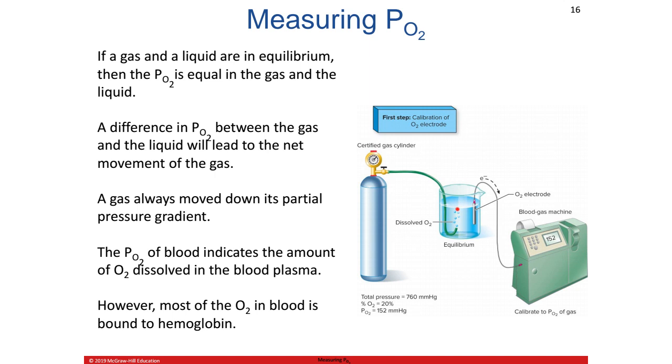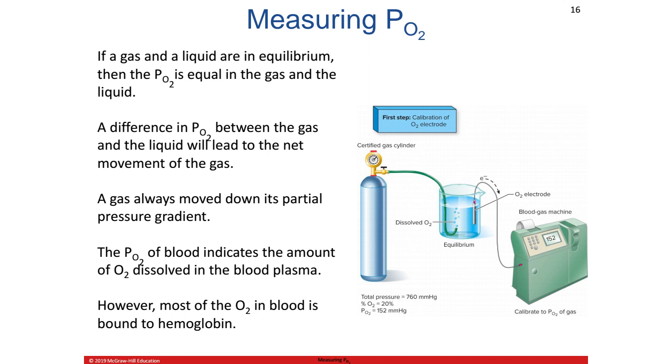Well, now there's a partial pressure of oxygen of 152 within the beaker and a partial pressure of oxygen of 0 in the gas. And so you can imagine what will happen. The oxygen will move down its partial pressure gradient from within the beaker and into the surrounding gas. And so that's another rule. Gas will always move down its partial pressure gradient, so either from the liquid to the air or from the air to the liquid.